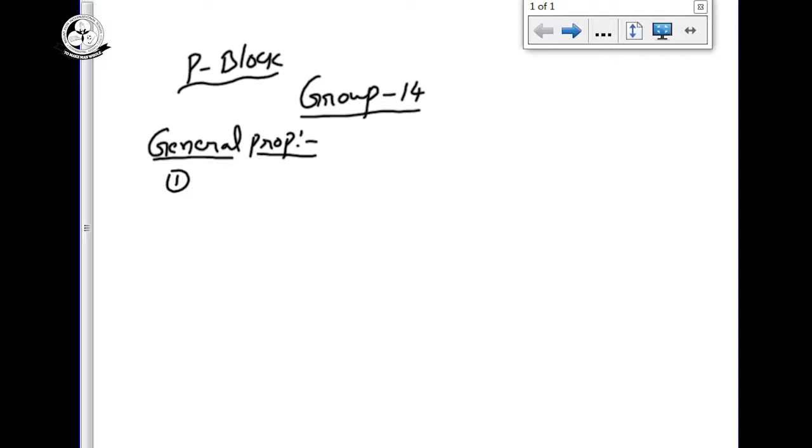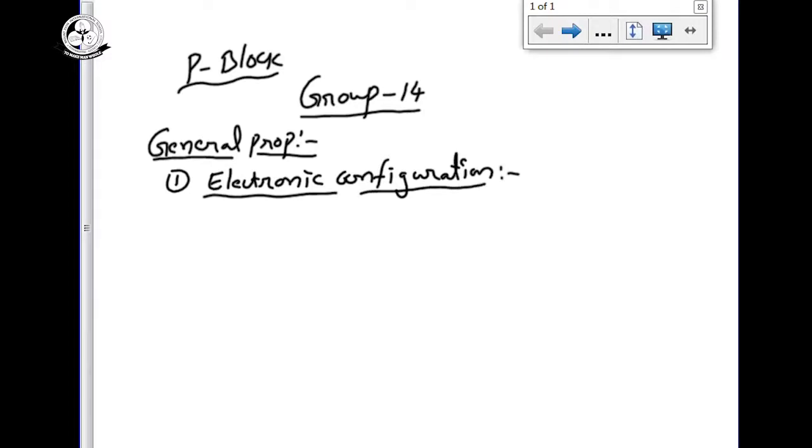This group contains the elements carbon, silicon, germanium, tin and lead.